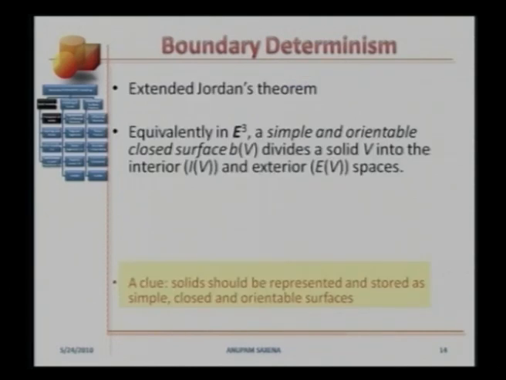You can extend the same concept to three-dimensional Euclidean space. Now you have a closed, simple, orientable, bounded surface. There would be a region inside the surface, and there would be a region outside the surface.